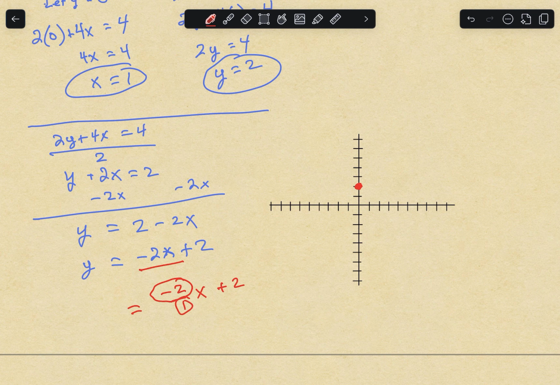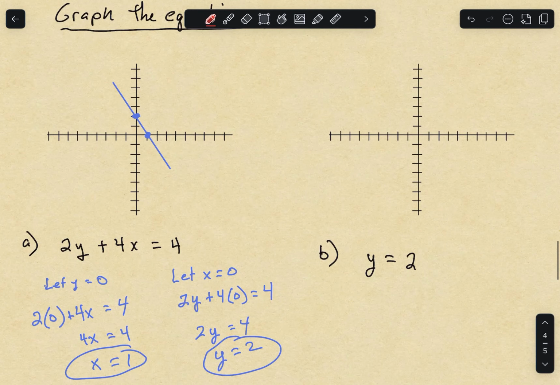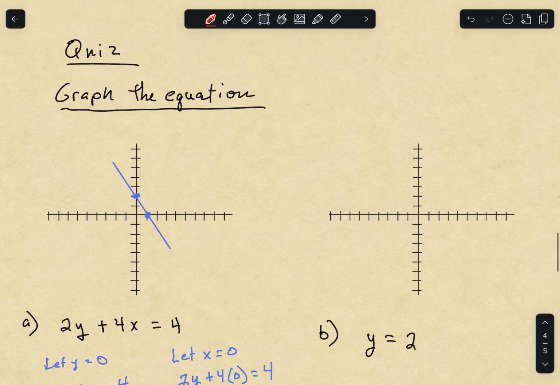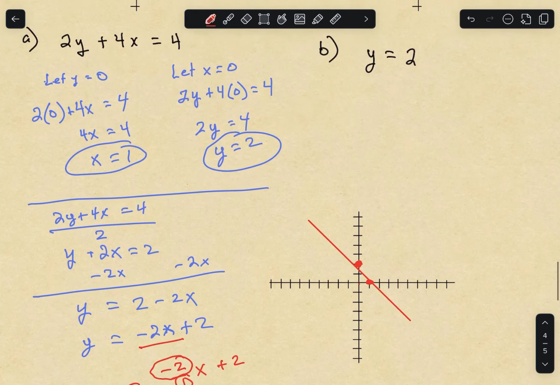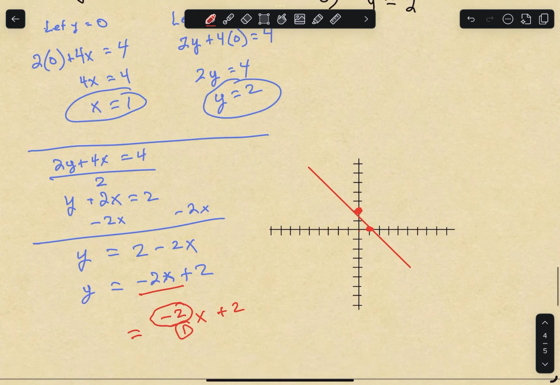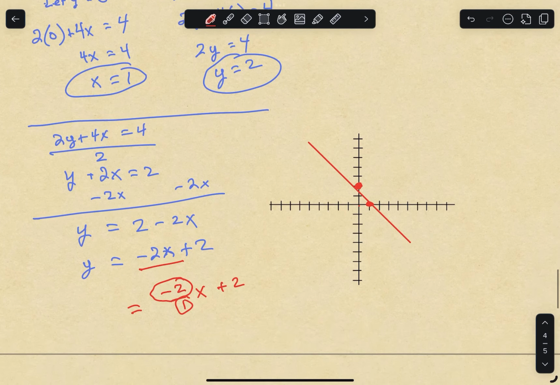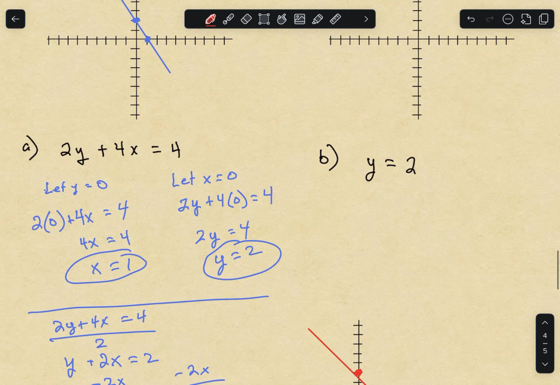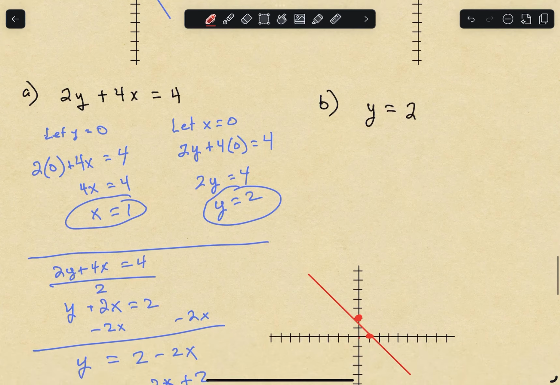So you're going to go down 2 and over 1, and that'll bring us right here. And you draw that line. And let's see. They look alike. Look at that. It worked out both ways. And you could do it either way you want. You can solve for y and then do what I did here, or you can just plug in 0 in each one of these, and it'll work that way too.